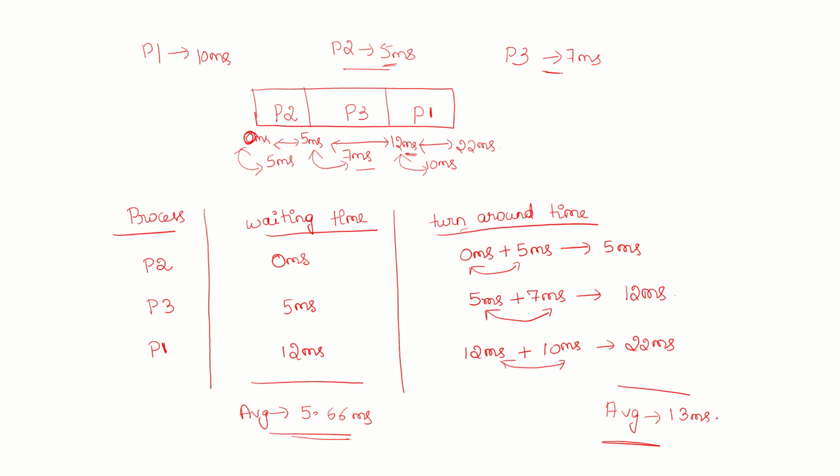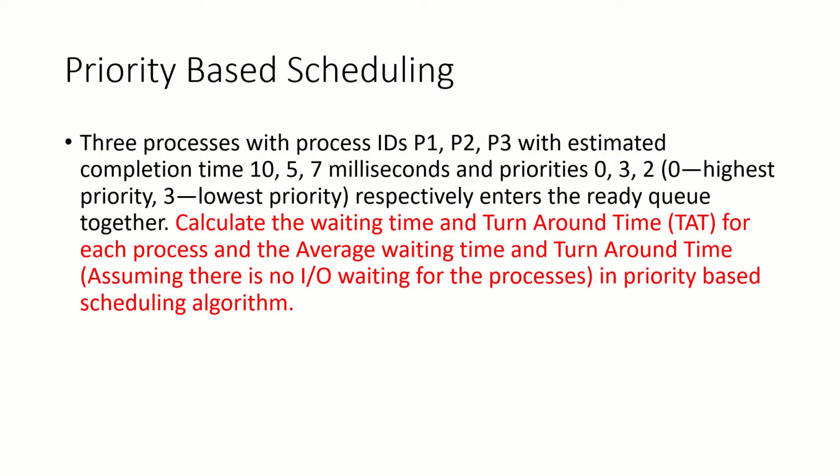Okay. And we have considered their execution time, whether it executes for short amount of time, large amount of time, like that. So next we have one algorithm called as priority based scheduling. So we will consider the priorities of all the processes. Based on their priority, we will be selecting the processes for the execution. Okay. Now let us go for that.